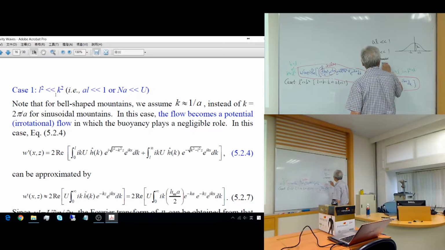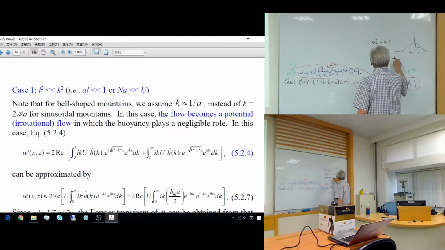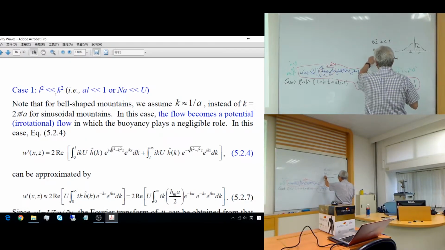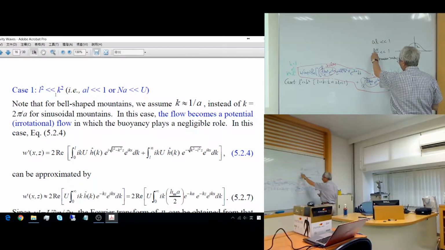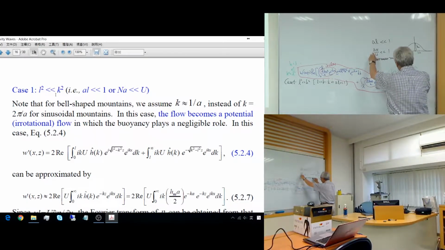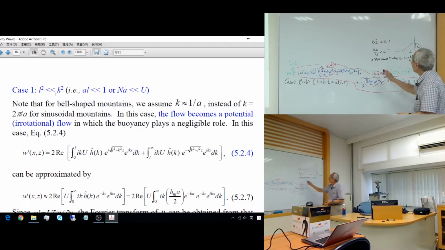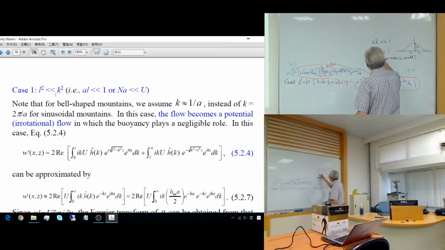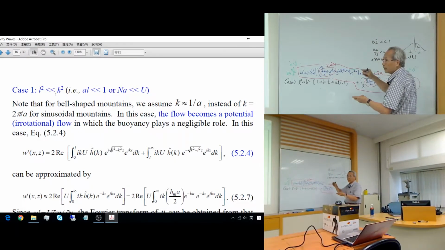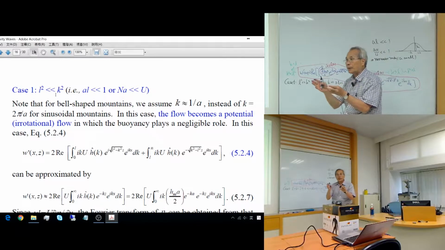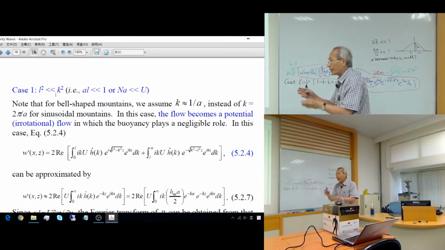You need this combination to be small, so A cannot be too big. So A is small, a narrow mountain. And N will be very small too. What does small N mean? That means weak stratification.